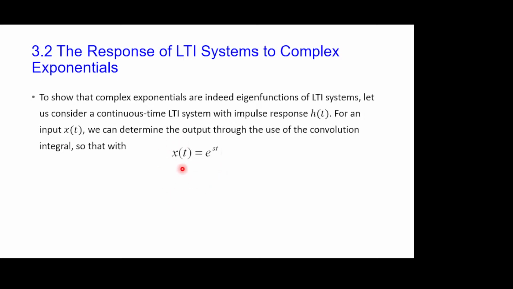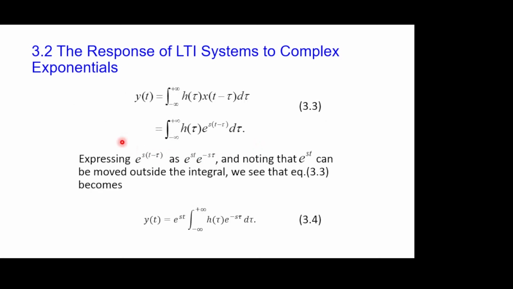We have input x of t equal to e to the st, and our LTI system is described by some h of t. We spent this whole chapter saying that for an LTI system, the output is a convolution of your input with your h.